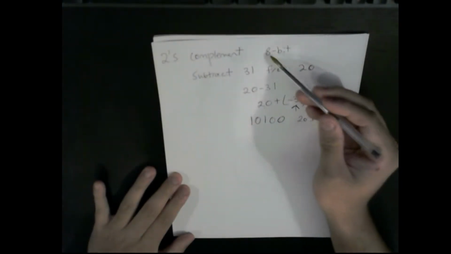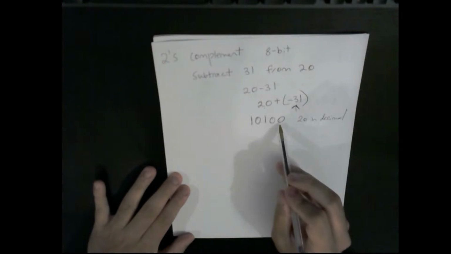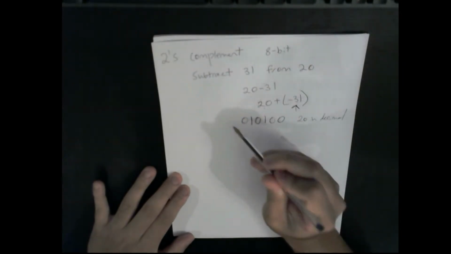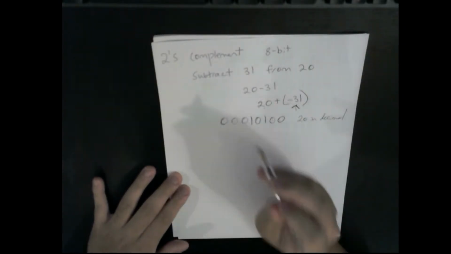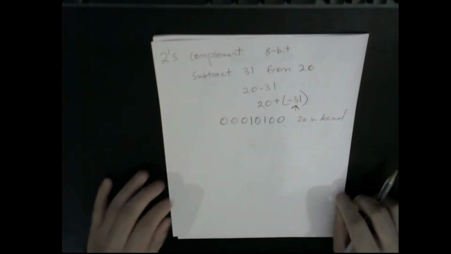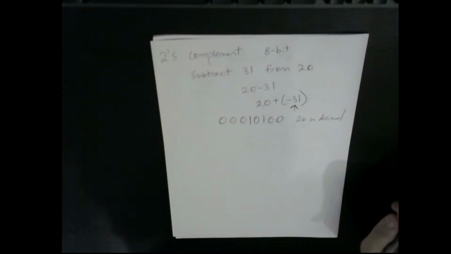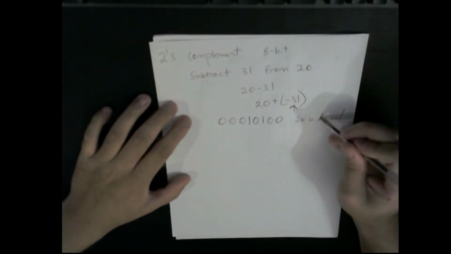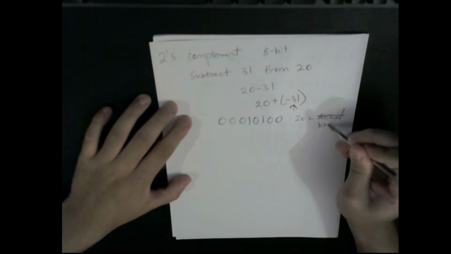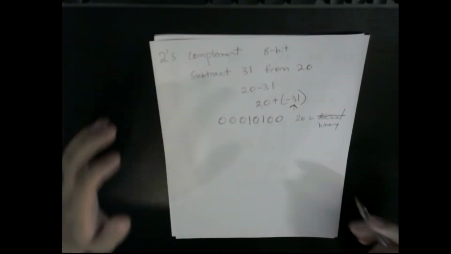So since I said we're working with 8 bits, I'm going to go ahead and pad this up to 8 bits, right? So these bits in the front here are 0. Yeah, that's right. This is binary. All right, so that was easy.